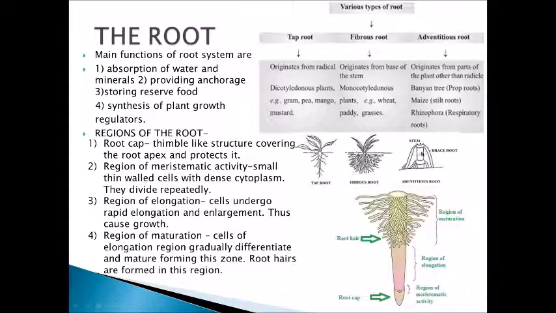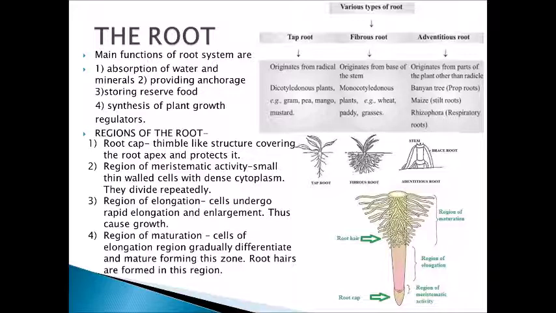So these are adventitious roots. The main functions of the root system are absorption of water and minerals, providing anchorage to the plant, storing reserve food material, and synthesis of plant growth regulators.